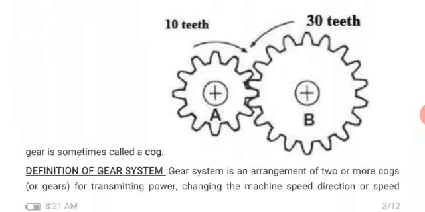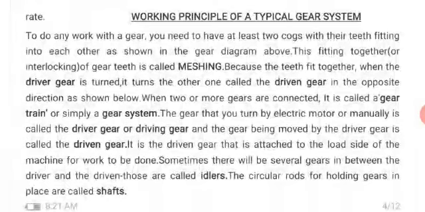This fitting together or interlocking of the gear teeth is also called meshing. So when you mesh the teeth of gears together, you are fitting them together.